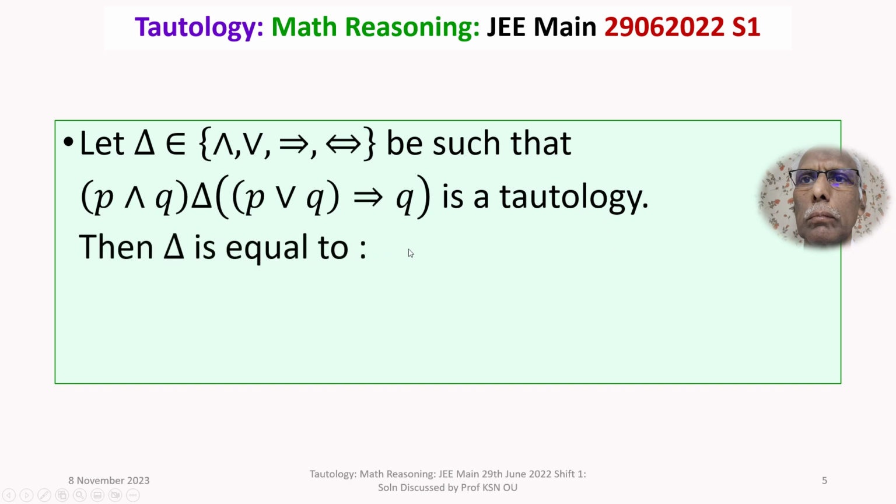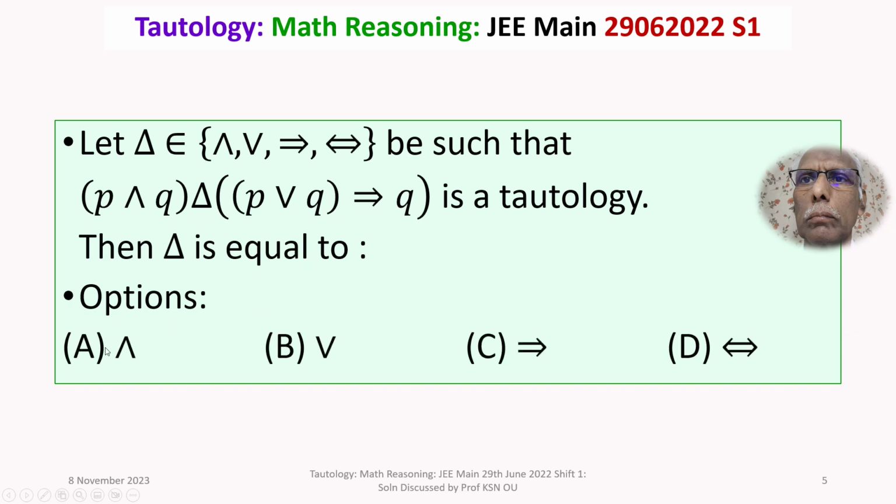Then delta is equal to, and we are given four options: option A, and; option B, or; option C, implies; option D, implies and implied by.